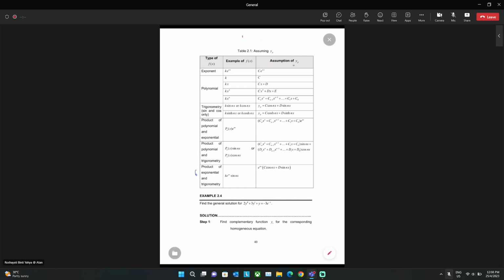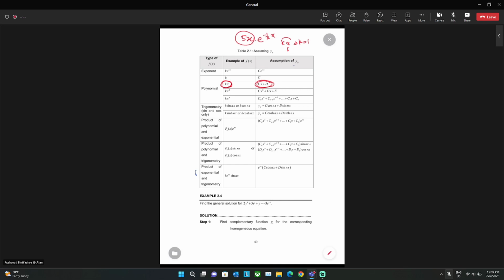Oh, this one. You can take this one directly. x or 5, because x is also kx, but k equal to 1. So refer to this part.